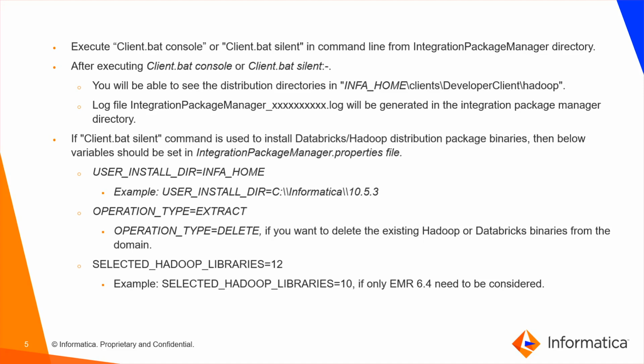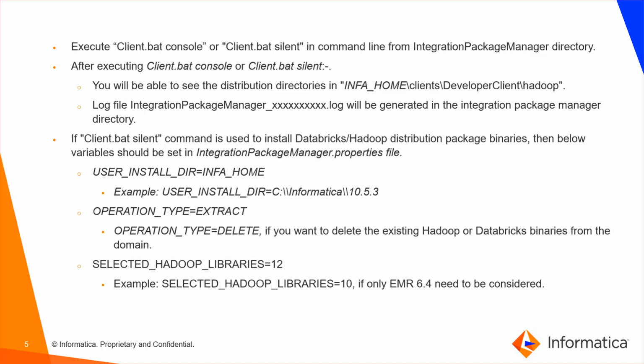After executing the command, you will be able to see the distribution directories in infra home clients, developer client, Hadoop directory. Log file will be generated in the Integration Package Manager directory.